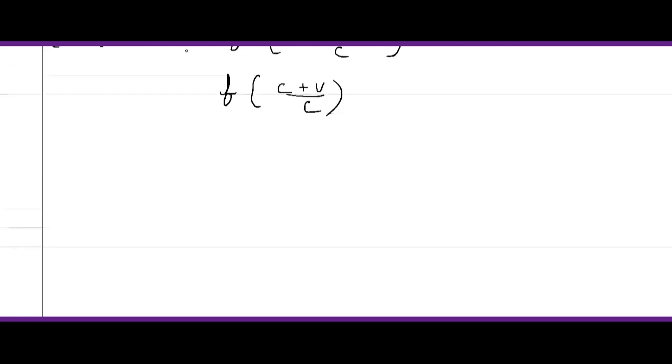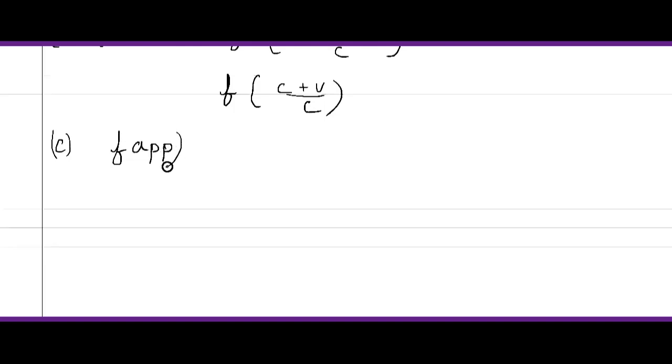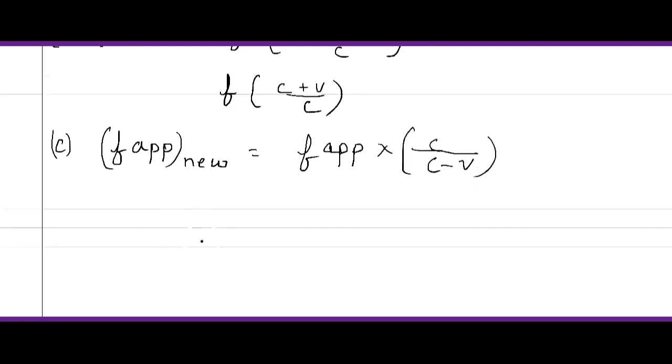So we solve first part C, then part B. Frequency of the reflected wave. So we consider it as the new apparent frequency, right? Which is equal to F apparent into c divided by c minus v. Now put the value of F apparent.